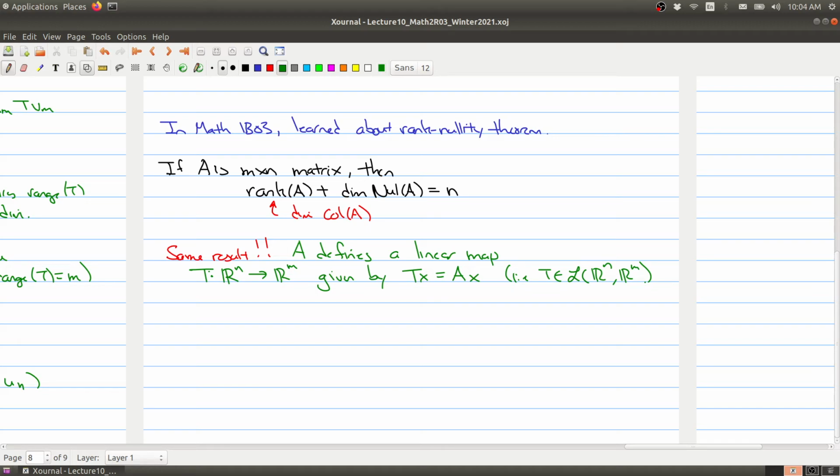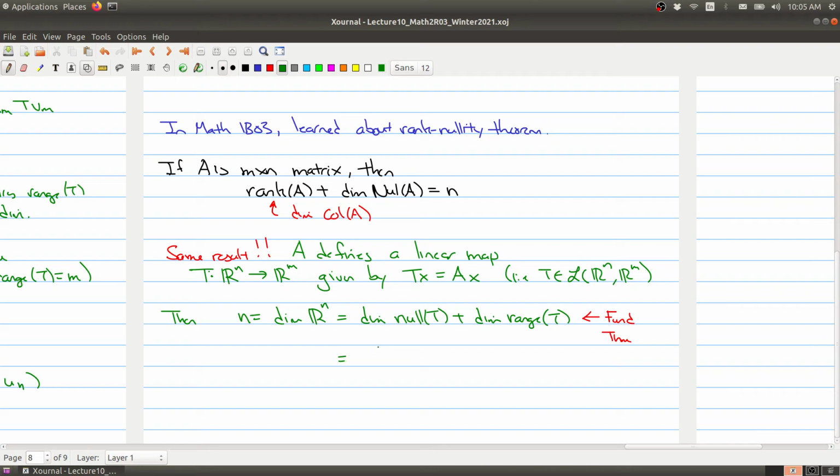Now let's put all the pieces together. Then we know n, which is the dimension of Rn, is equal to the dimension of the null space of T plus the dimension of the range of T. This is the fundamental theorem that we just proved, because we're talking about a linear transformation.